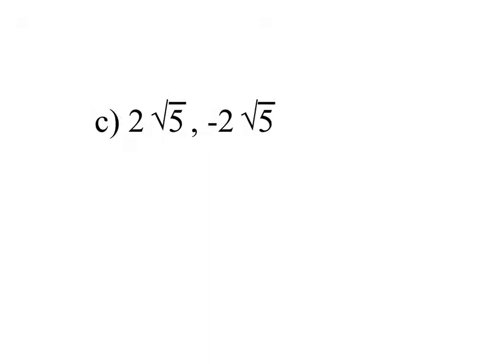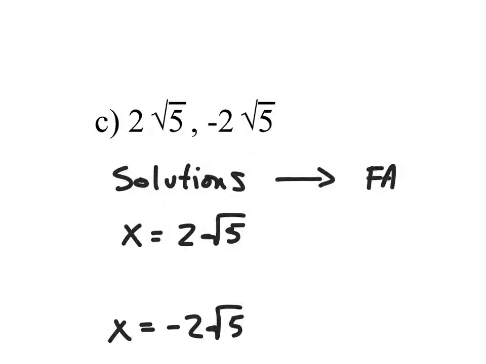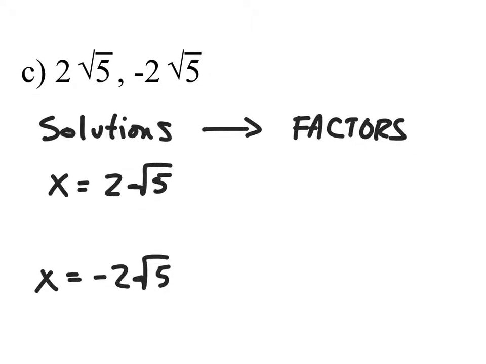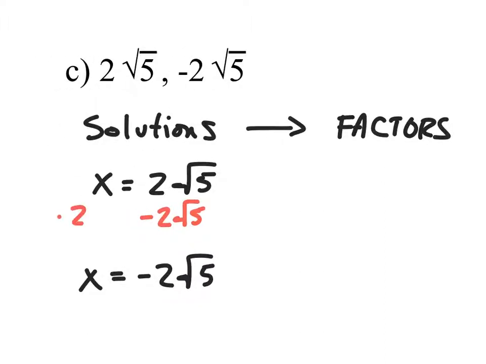So let's write down our solutions. I've got that x is equal to 2 times the square root of 5, and x is equal to negative 2 times the square root of 5. I want to obtain factors out of this. So for my factors, let's go ahead and subtract 2 square root of 5, and add 2 root 5.